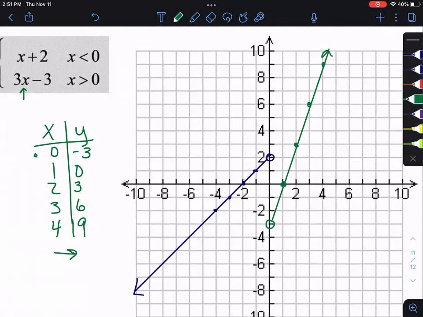And there's the second piece to my graph. Notice in this case, neither one of the endpoints had a closed circle. So they're both open circles. So actually, the function is undefined at 0 because of that point of discontinuity.